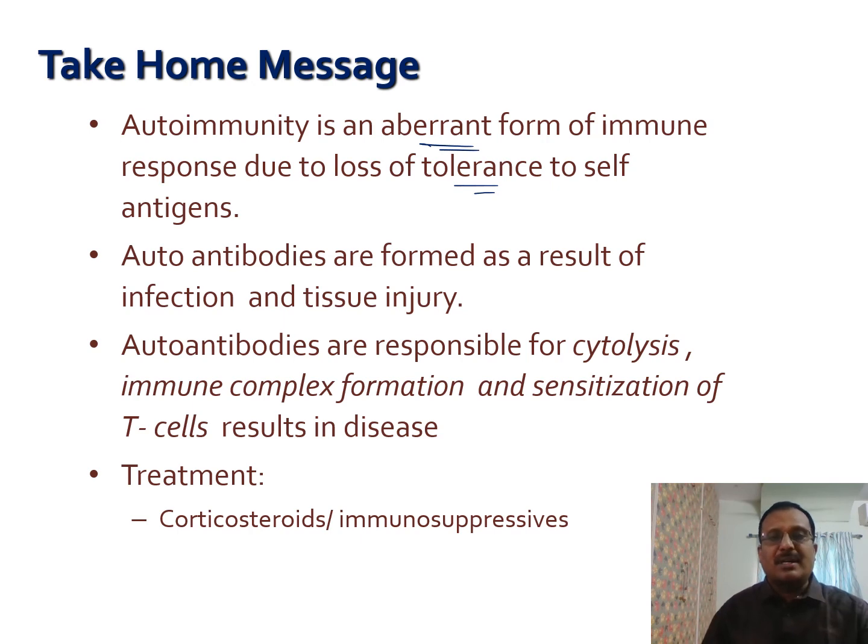Autoantibodies are formed as a result of infection and tissue injury, and autoantibodies are responsible for lysis of the cells, formation of immune complexes and sensitization of T cells, which results in disease either by damage to the cells or by antigen antibody complex formation. That is nothing but a type 3 hypersensitivity reaction. All these cause the disease manifestations, and for treatment, corticosteroids and immunosuppressive agents have to be given.